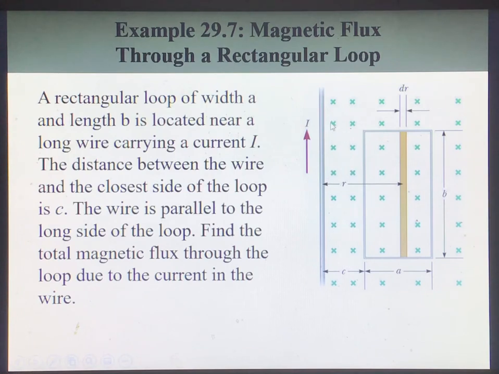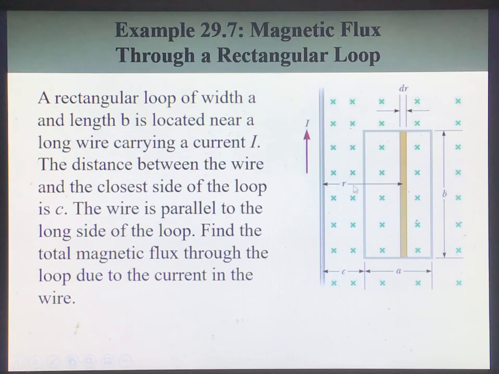This is the setup of my problem right here. We have my conductor, my wire that carries the current I. Now we notice that the magnetic field produced by this wire is not uniform, but it depends on the distance from the wire.